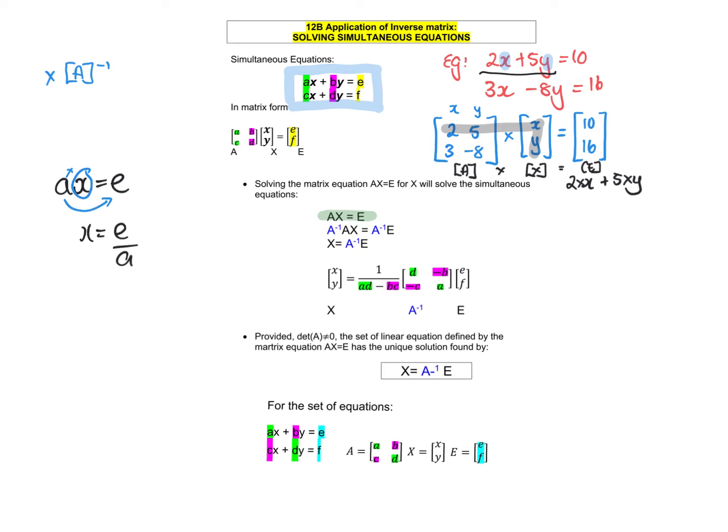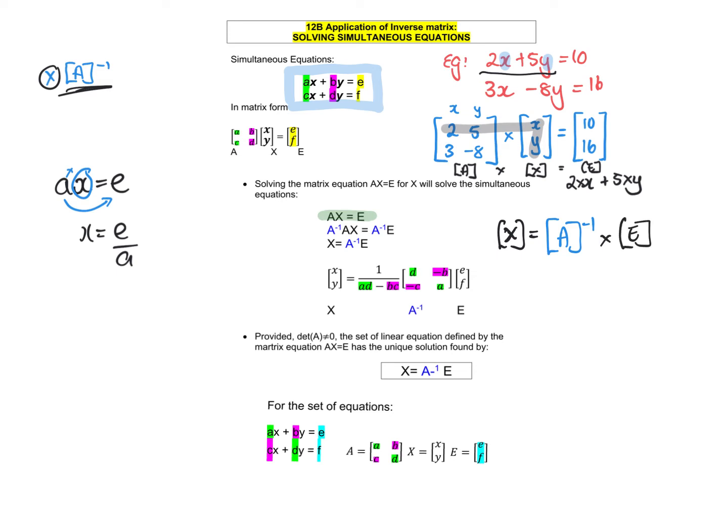So remember what I said, we can't divide in matrices, we multiply by the inverse. So to solve it, that's what we're going to do. So you can see down here, to solve what matrix X is, we're going to use the inverse of this first matrix, and we're timesing it by the end matrix.